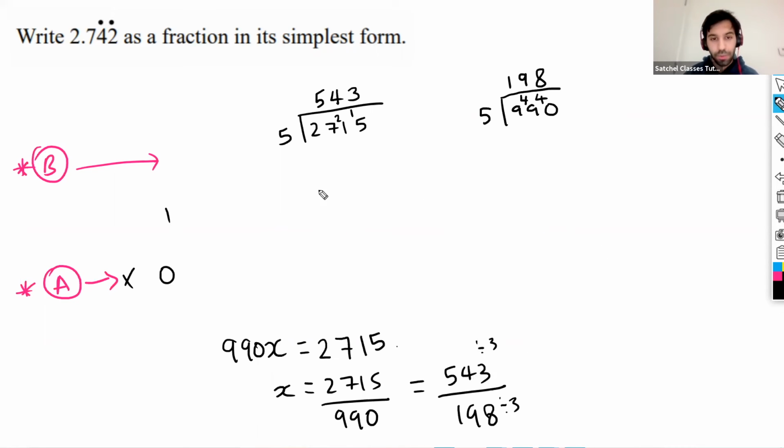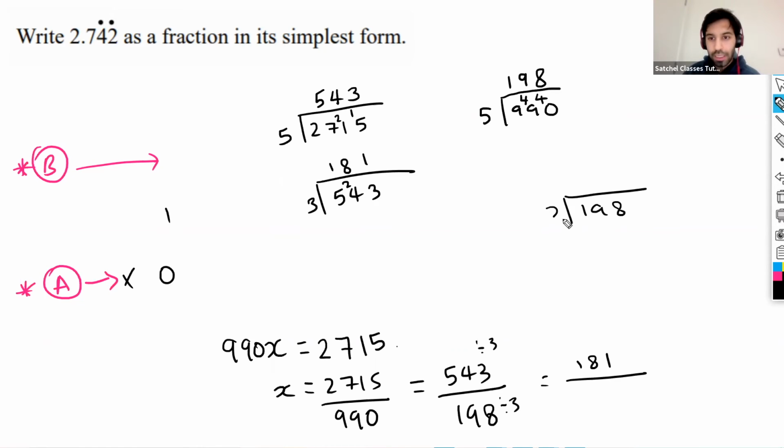And now I'm just going to use the bus stop method, hopefully without making any mistakes. So what we'll have is 543 divided by 3. 3 goes into 5 once, 3 goes into 24 8 times, and 3 goes into 3 once. So that's going to be 181, and we have 198. 3 goes into 19 6 times, that's remainder 1. 3 goes into 18 6 times again, that's going to be 66.